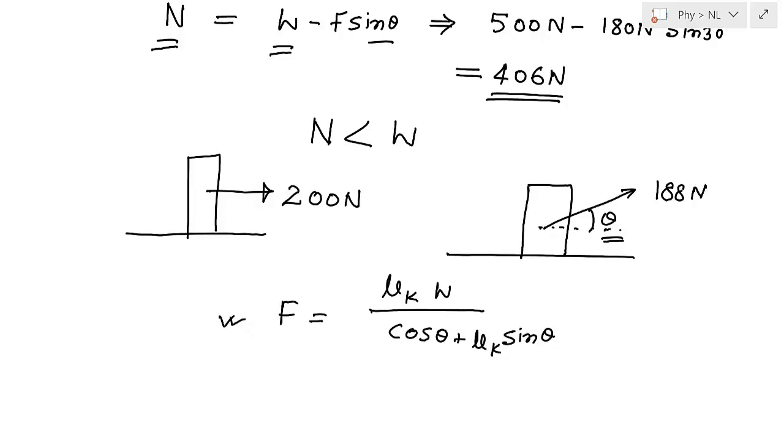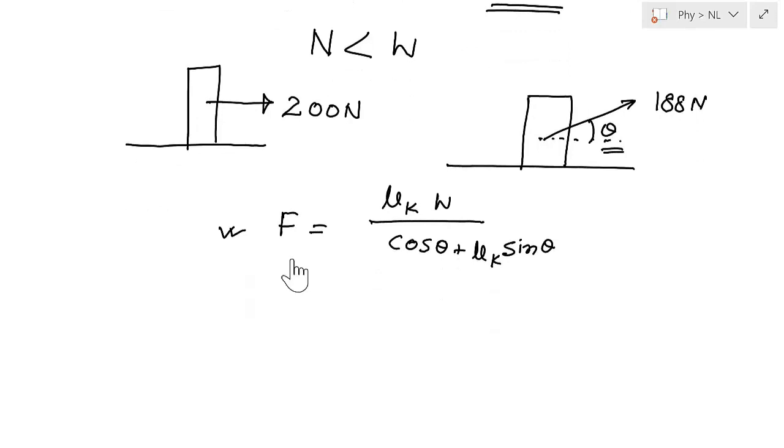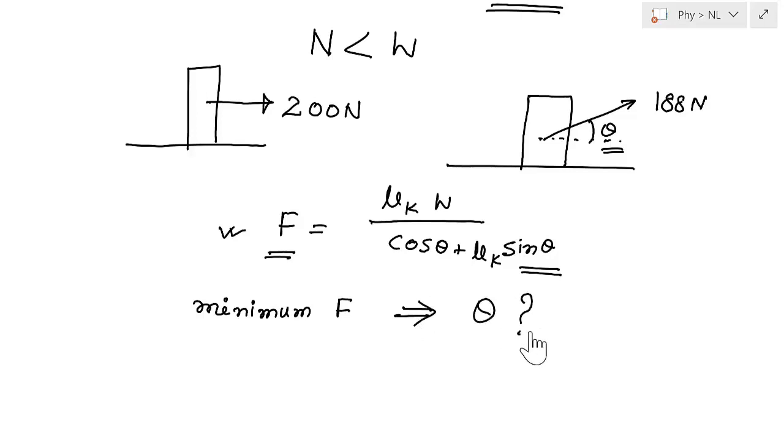If somebody is good in mathematics, he can see this force is a function of theta. Now you want to find the theta for which the force applied is minimum. So what I am looking for is the minimum force, and for that, what is the theta?